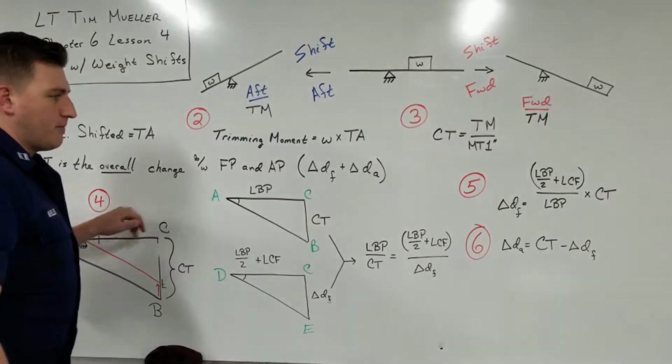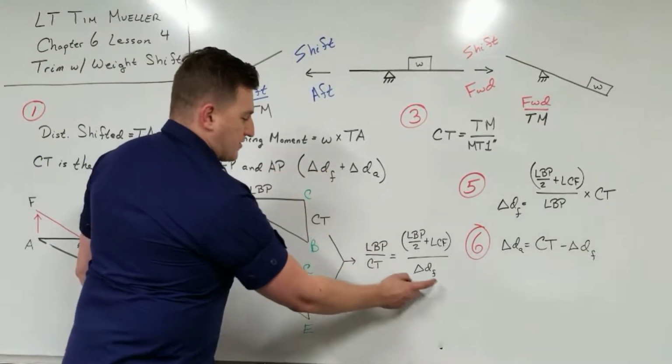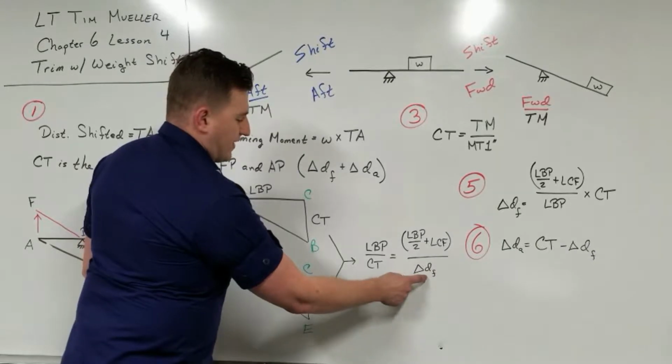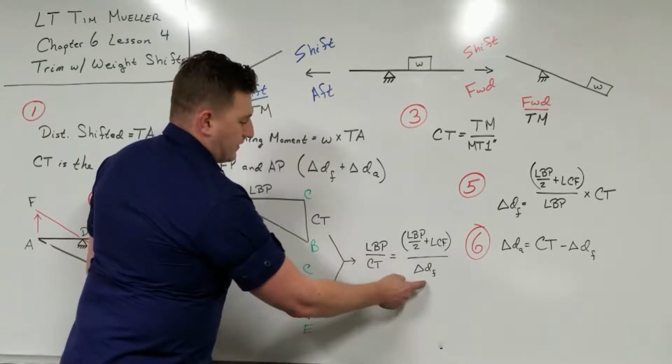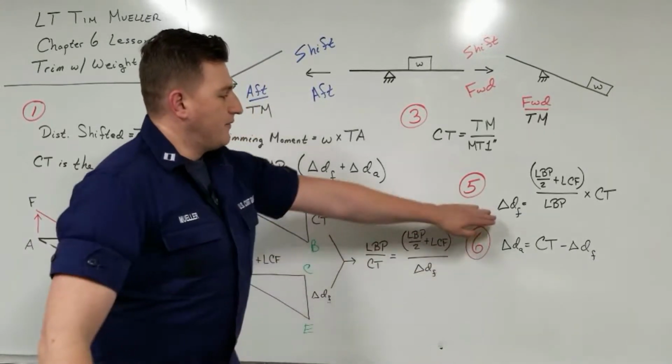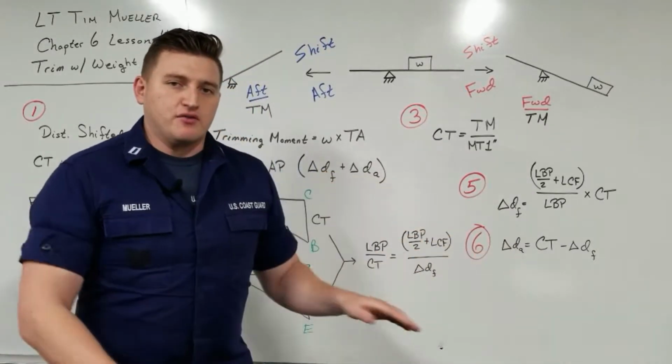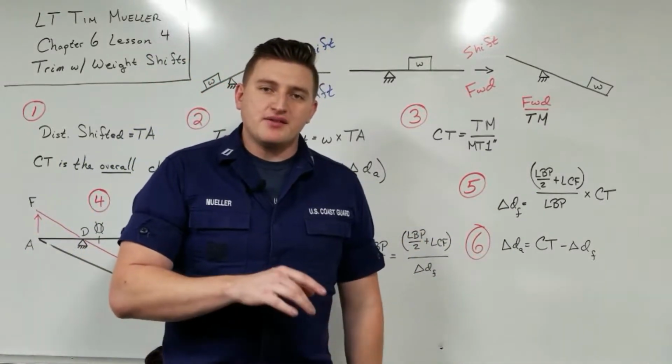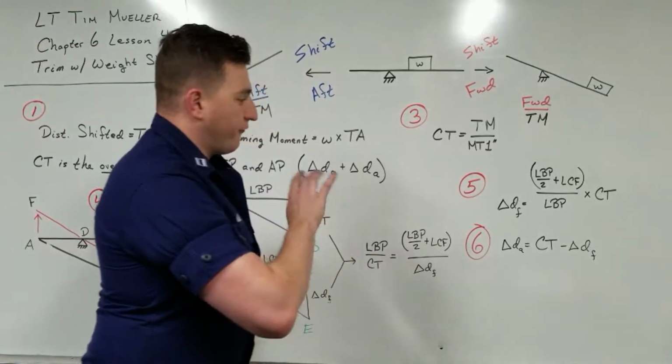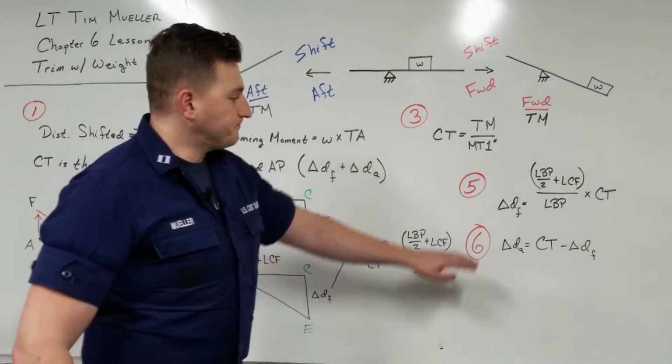So from 4, we go to 5. Isolating delta D forward, bringing that over, LBP to the bottom, CT to the top. We have delta D forward. Due to a trimming moment, this is how much that forward draft changes.